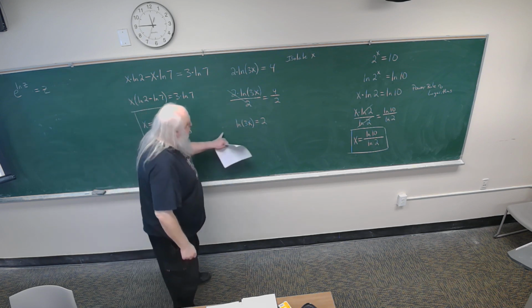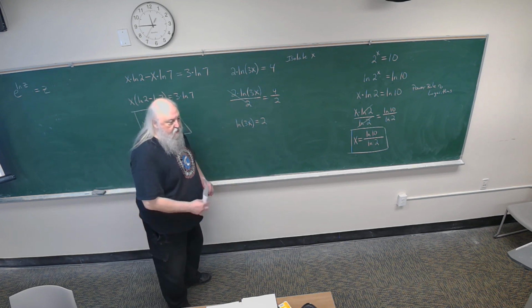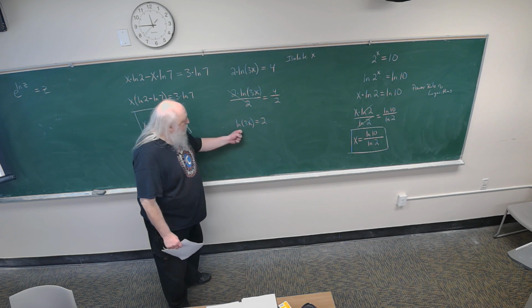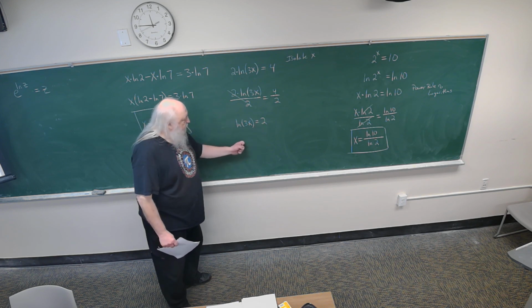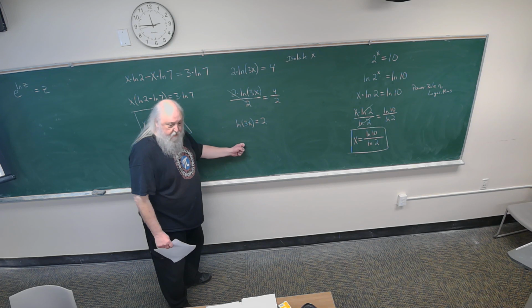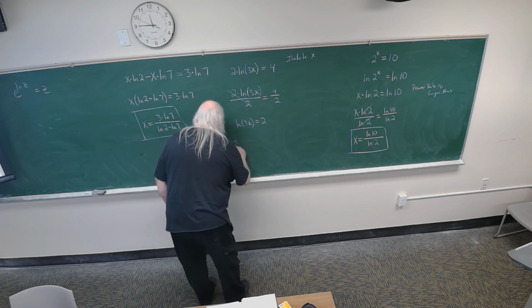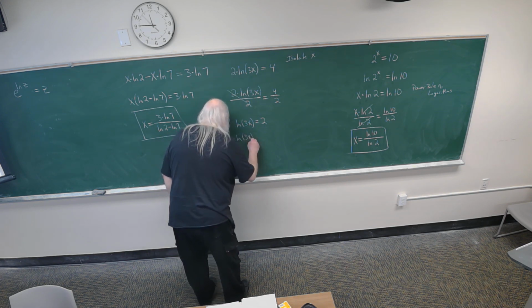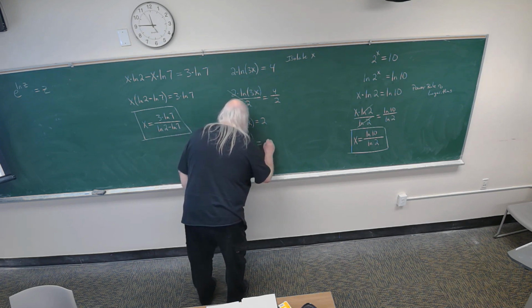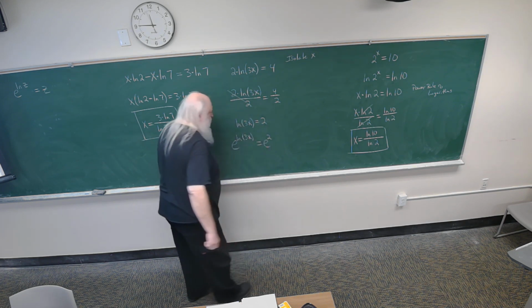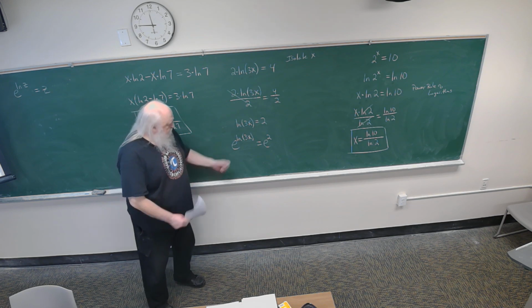So left-hand side equals right-hand side. So I can make the left-hand side and the right-hand side exponents on the number e, right? Remember the one-to-one property of exponentials? Okay. So I have e raised to the natural log of 3x is equal to e squared, right?